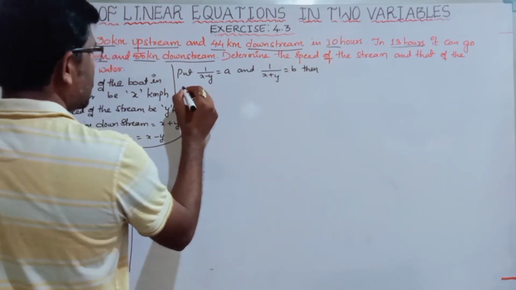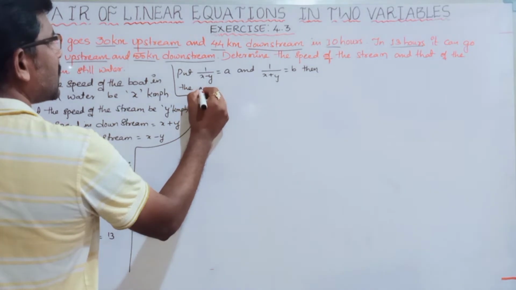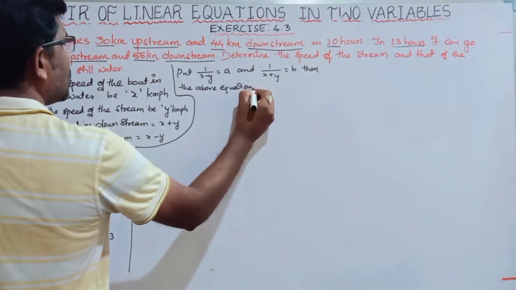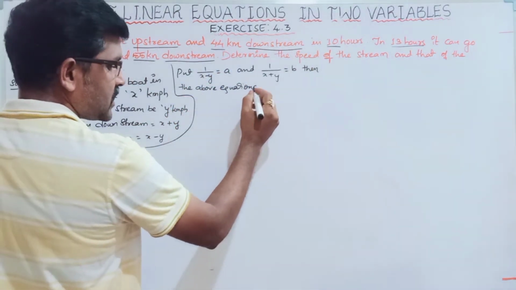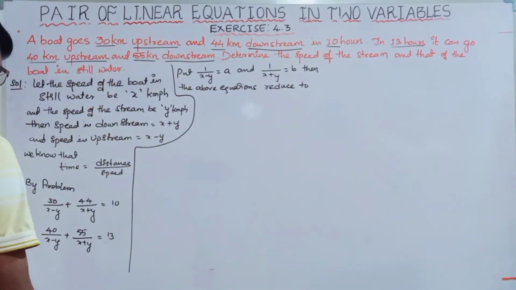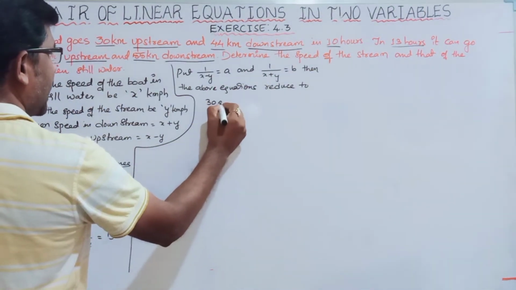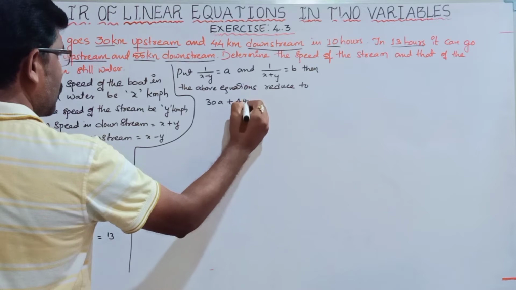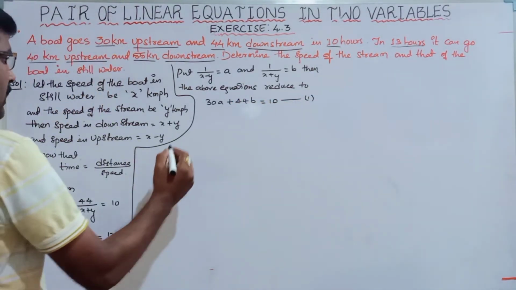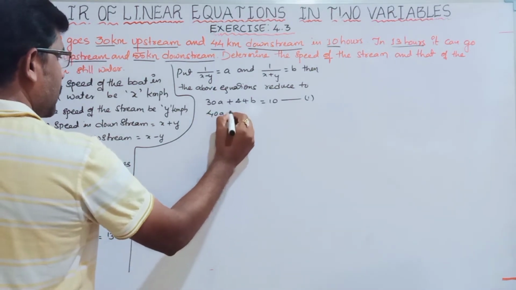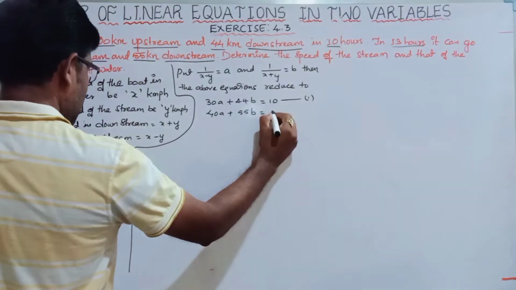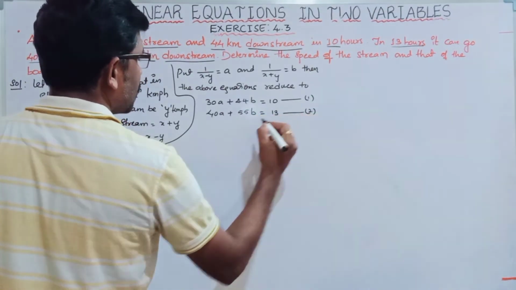Then the above equations reduce to 30a plus 44b is equal to 10, equation 1, and 40a plus 55b is equal to 13, equation 2.